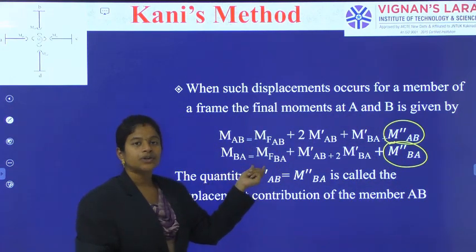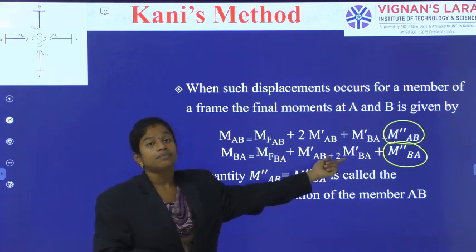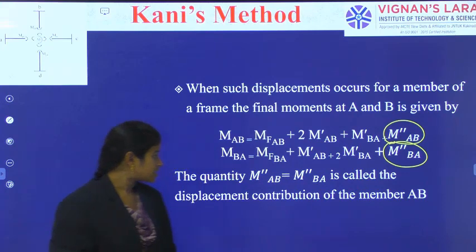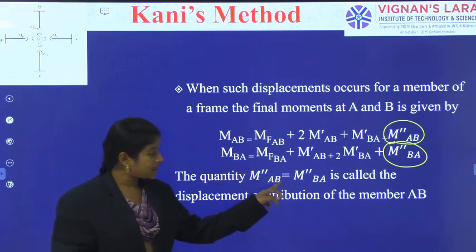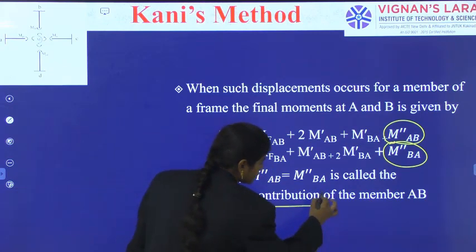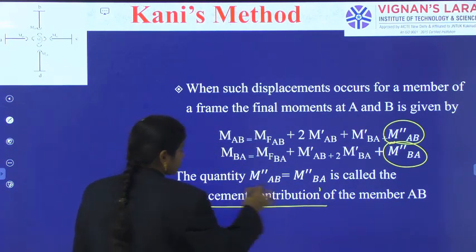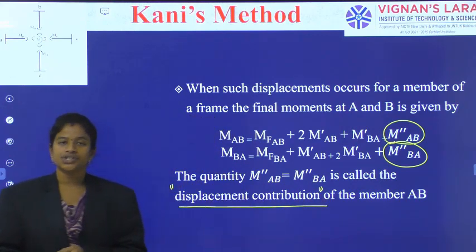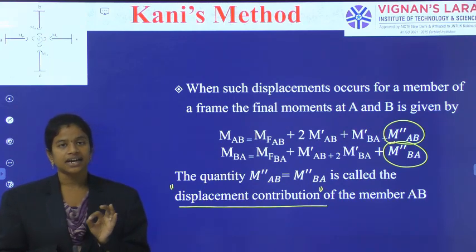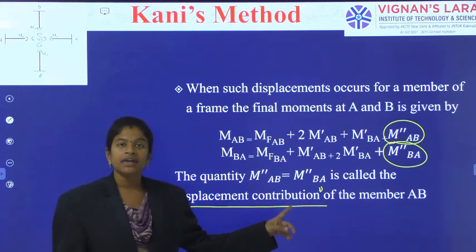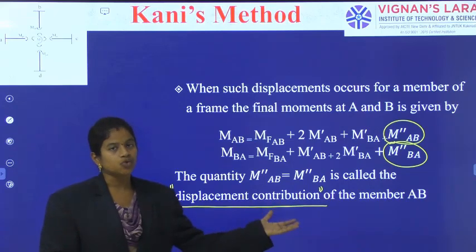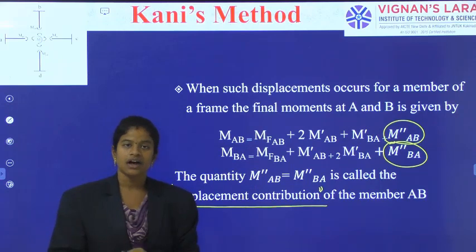So MBA is equal to MFBA plus M dash AB plus 2 times M dash BA plus M double dash BA. Okay. The quantity M double dash AB is equal to M double dash BA and is called displacement contribution. M dash AB, M dash BA, those were rotation contributions. M double dash AB, M double dash BA are displacement contributions. Okay. So these two terms need to be added when we are giving the final output.